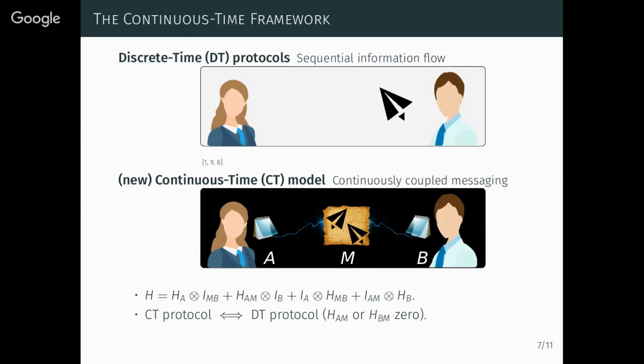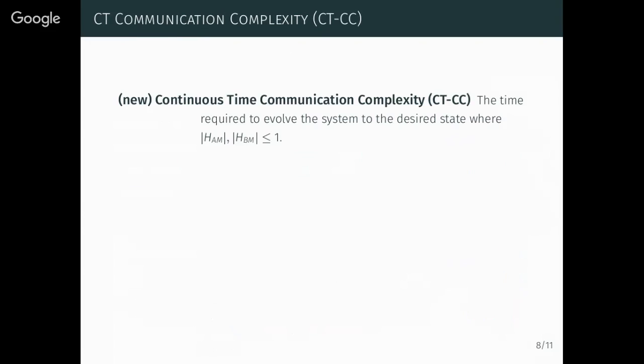All right, so now we're getting back. Let us see how this continuous time protocol has anything to do with communication complexity. As I have already preempted, if you bound the interaction Hamiltonians, HAM and HBM, then you can say that the time required for the system to evolve to the desired state gives the communication complexity.